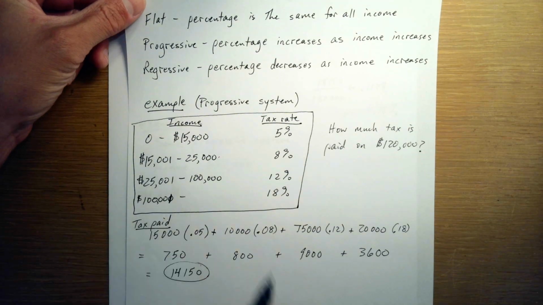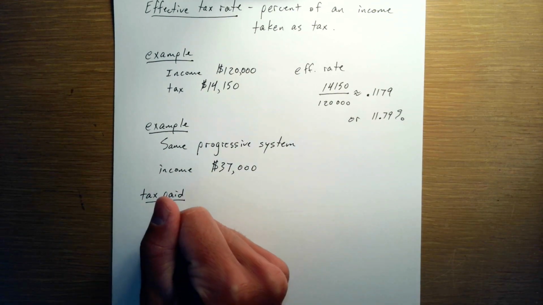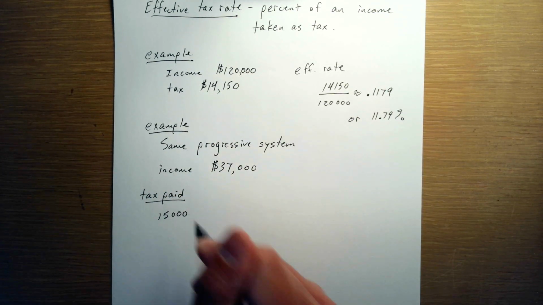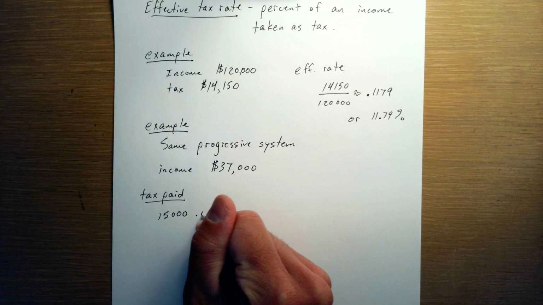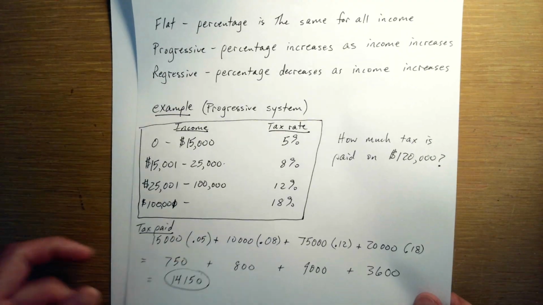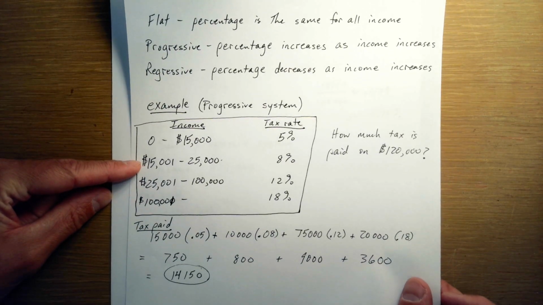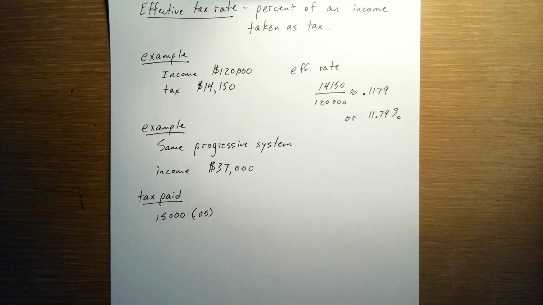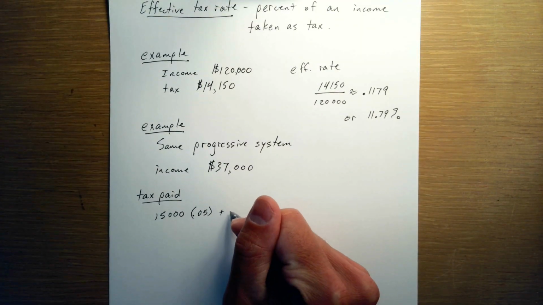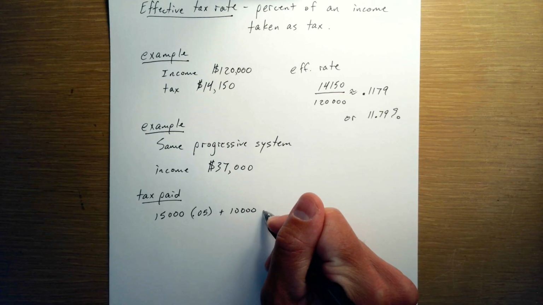And so the first $15,000 is there. So for our tax paid, we have $15,000 at 5%. And then the next bracket goes from 15,000 to 25,000, so we cover all that. So we have $10,000 of income at 8%.